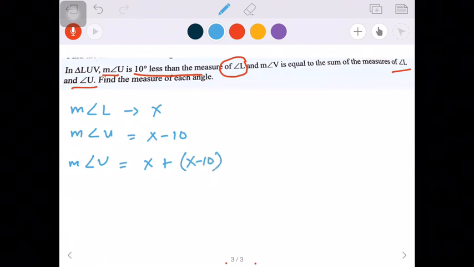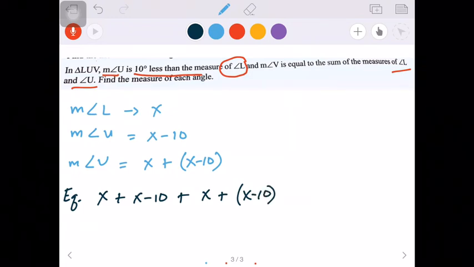Alright? So we're now done with the representation, and we know very well that for us to find the equation, all you have to do is add everything. So you have the equation here: angle L is x, plus angle U, x minus 10, plus angle V, x plus x minus 10, which is, of course, equal to 180 degrees based on the definition of a triangle that says all angles should add up to 180 degrees.